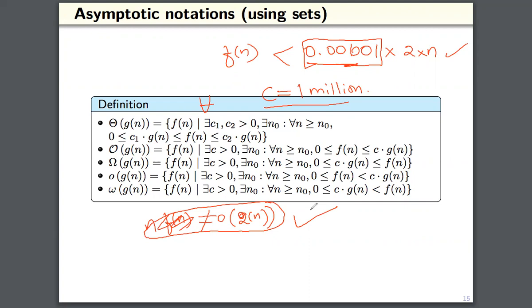However, n will be small o of n squared. When n goes to infinity, n squared increases faster than n. So that becomes 1 over n, and when n goes to infinity, 1 over n goes to 0. I think that's basically the point of the small o.